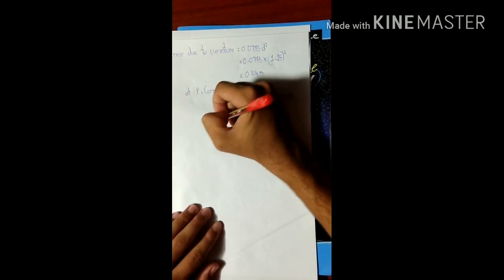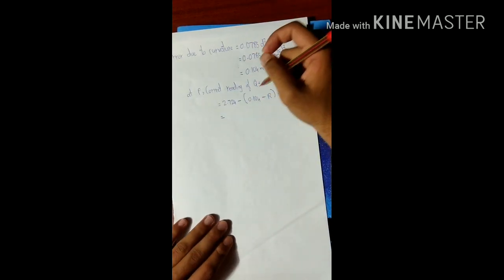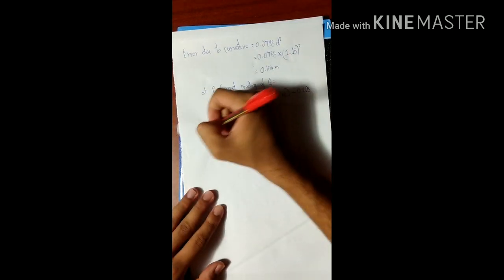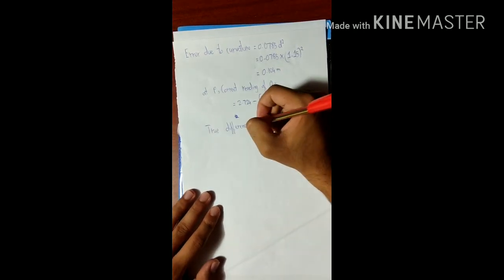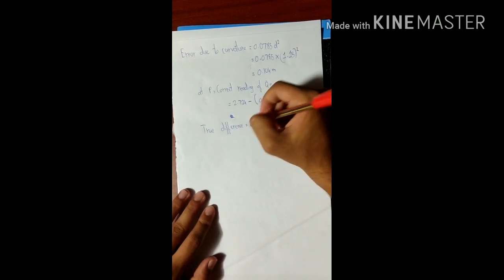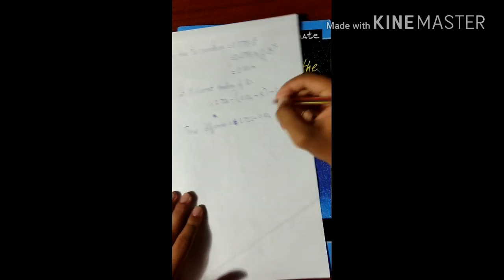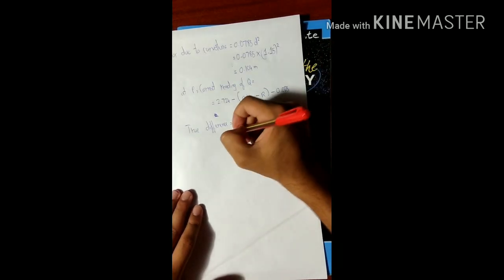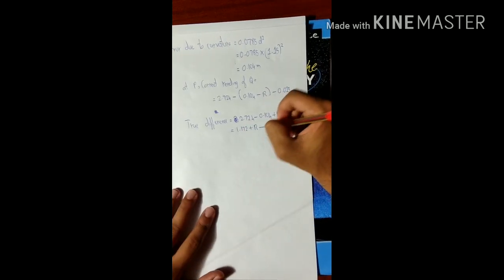So the true difference in elevation will be 2.724 minus 0.104 plus R minus 0.023. We consider this as equation 1.